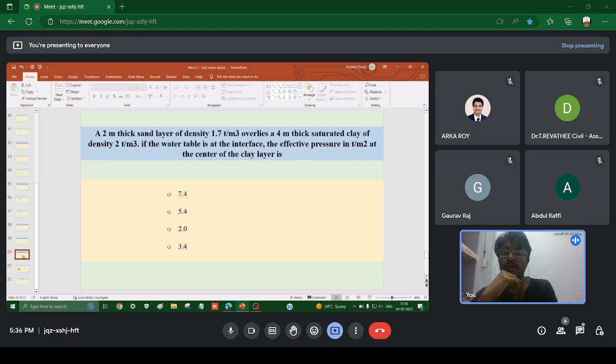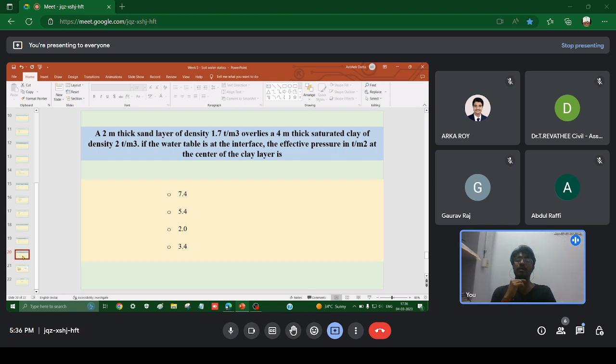A 2-meter thick sand layer of density 1.7 ton per meter cube overlies a 4-meter thick saturated clay of density 2 ton per meter cube.